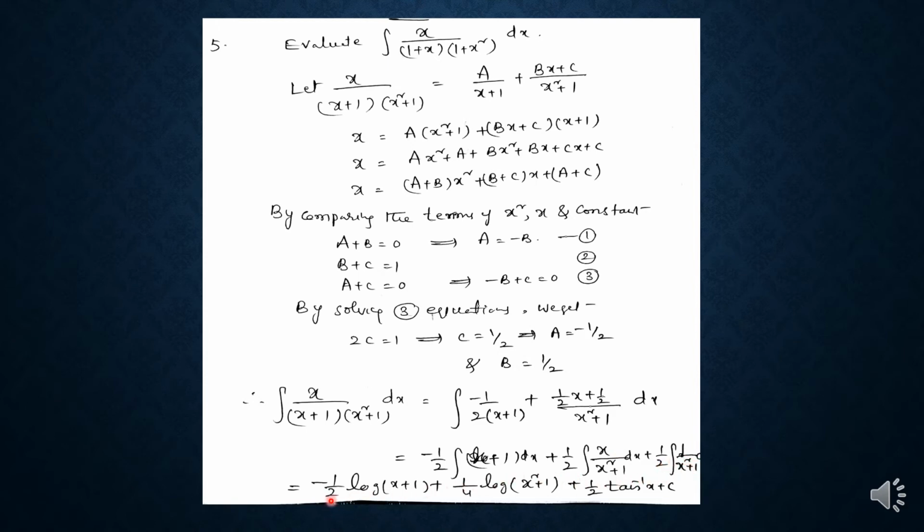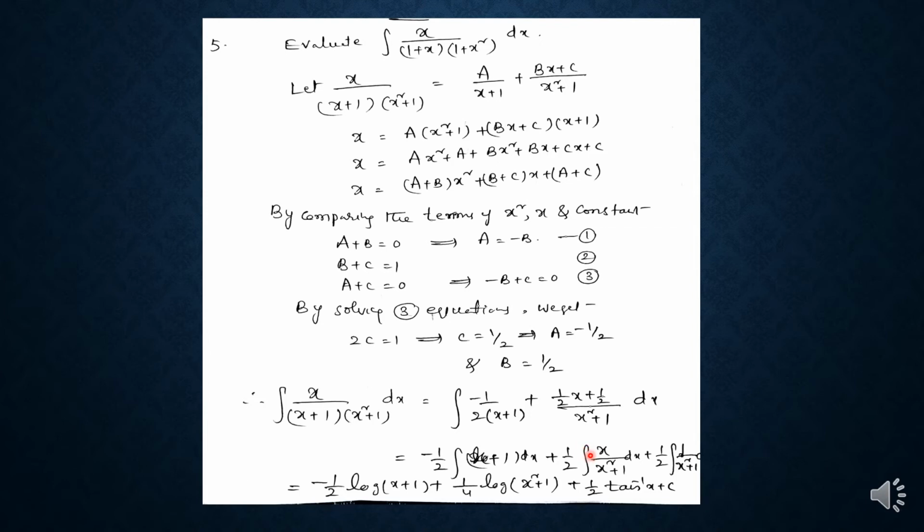Minus 1 by 2 into integral 1 by x plus 1 dx is log of x plus 1. Plus, to integrate this function x by x square plus 1, check the f dash x by f x form. In the denominator you have x square plus 1, so what is its derivative? We will get 2x. If 2x is there in the numerator, that will be in the form of f dash x by f x.